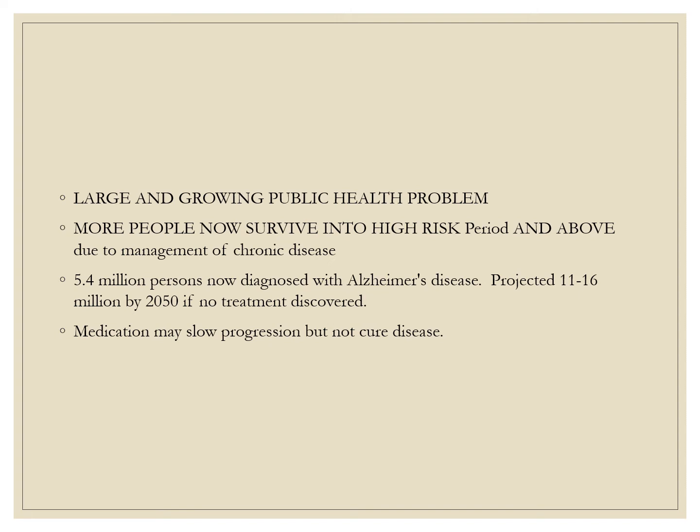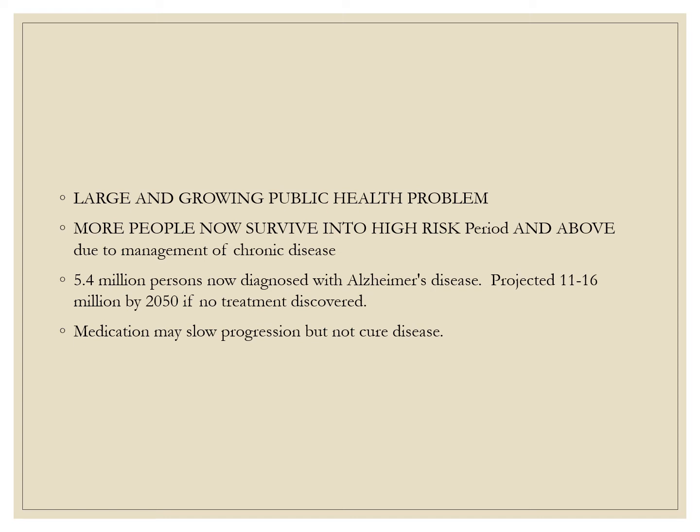The statistics show 4.5 million people right now have dementia. And if we don't find some type of treatment for this, the projected for 2050 is 11 to 16 million people. One of the fastest growing populations in our country is the over 100s.